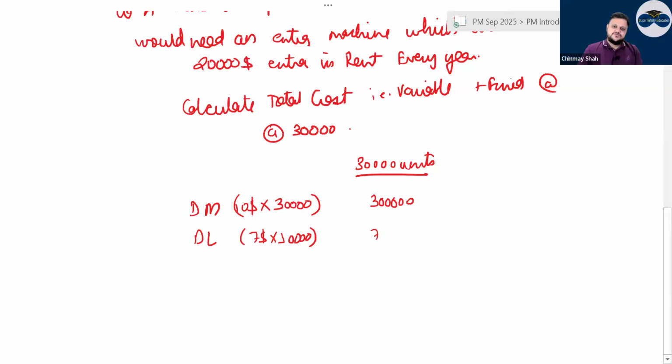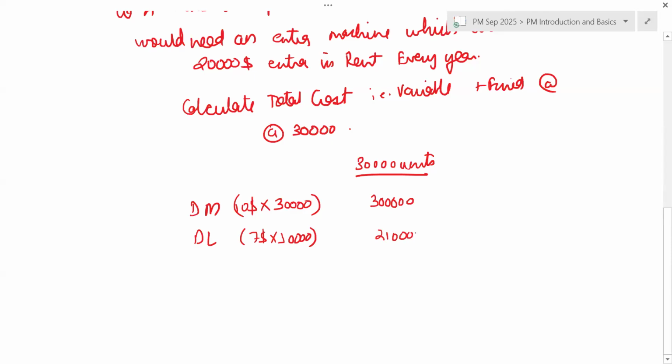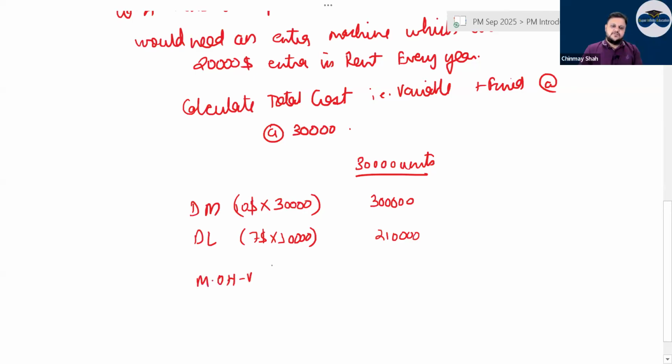How much is this? 7 3s are 210,000. Then machine overheads, variable cost $3 into 30,000, that is $90,000.